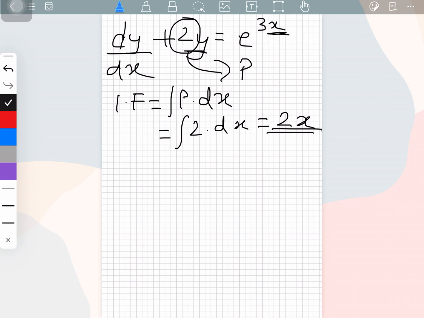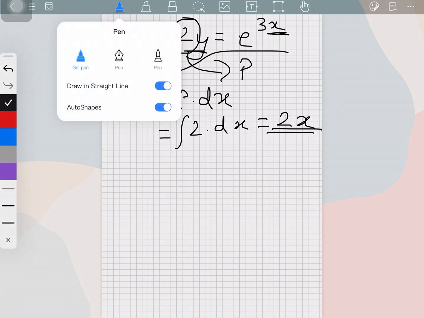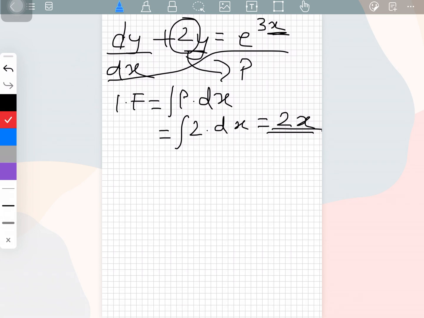Now what I had told you was to multiply the integrating factor with the standard form, which is the given equation. So the integrating factor is e to the power integration of p dx, not just the integral of p dx. That was just the first step.